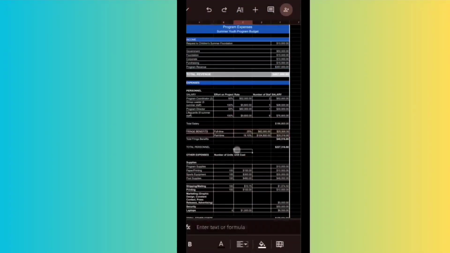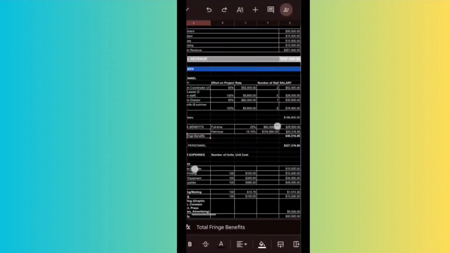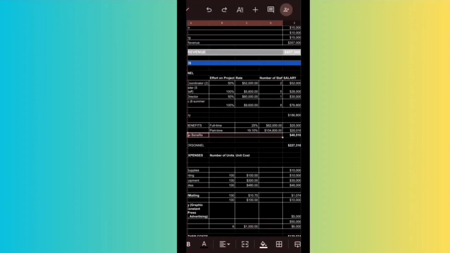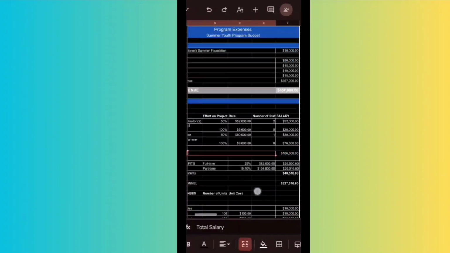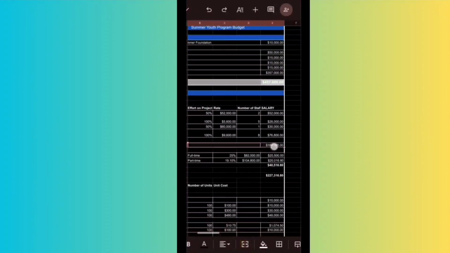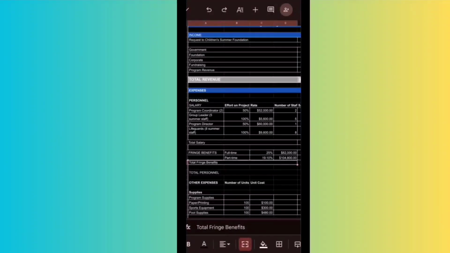We continue to put borders around each of the lines. We put borders around the personnel, around the expense categories.